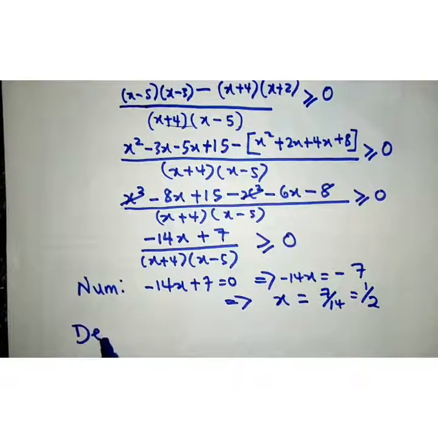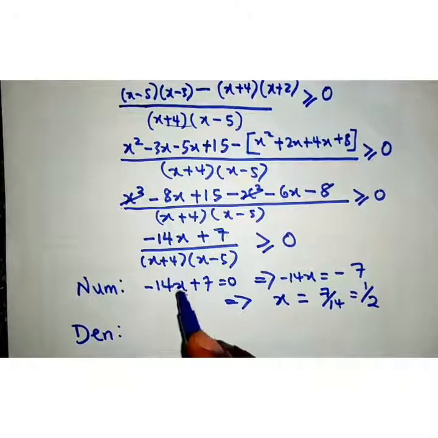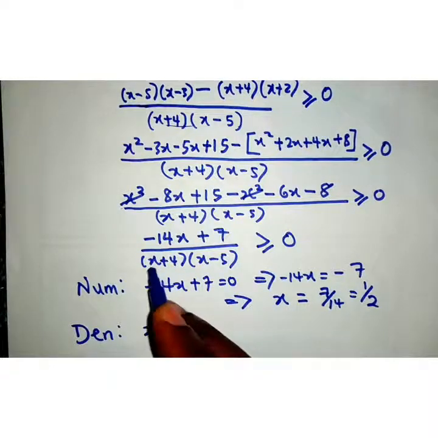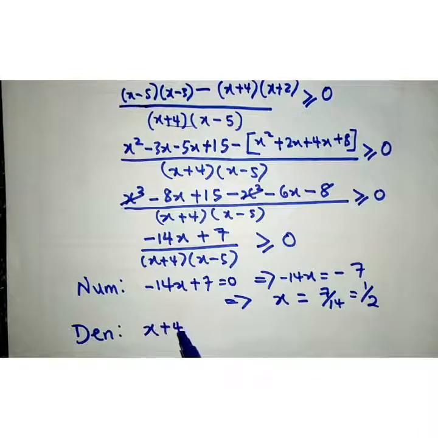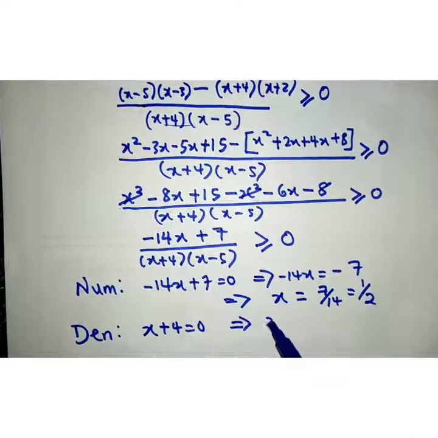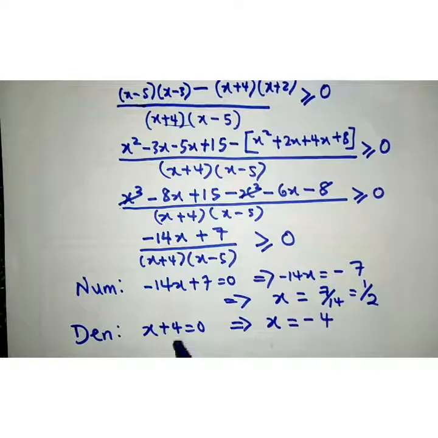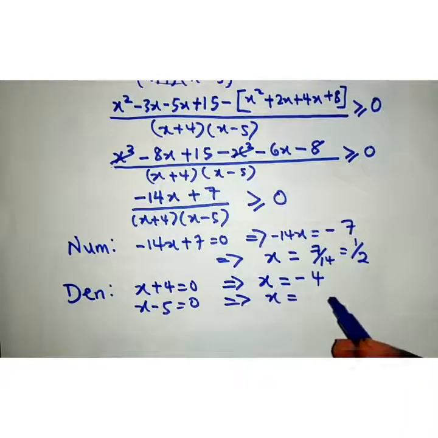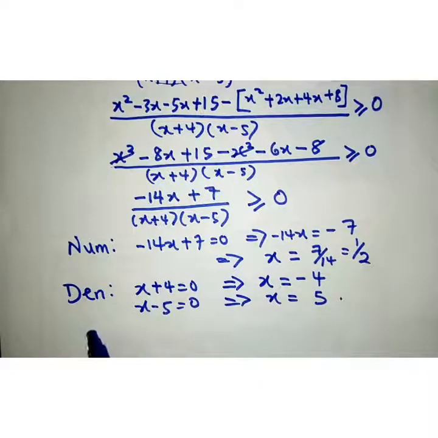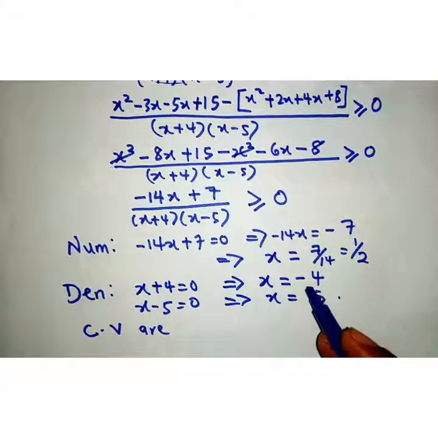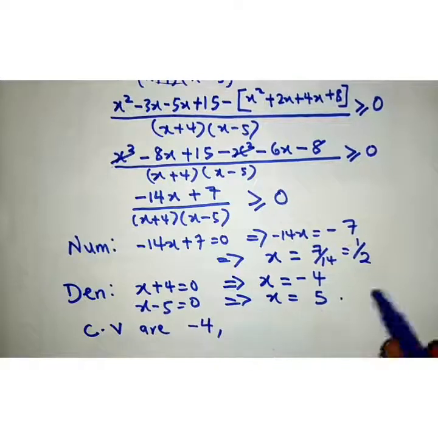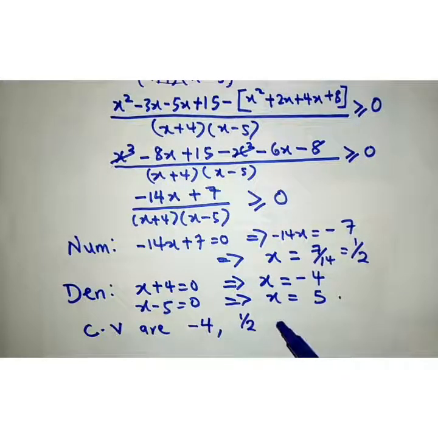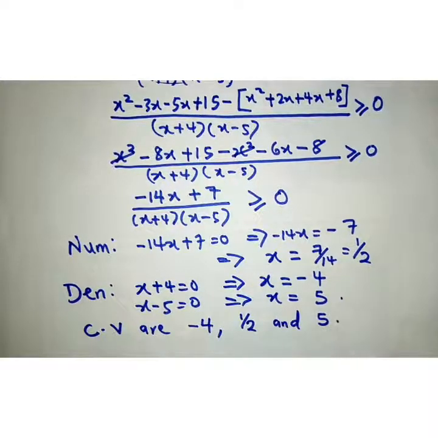For the denominator, if we equate the first factor to 0, x plus 4 equals 0, so x equals minus 4. And x minus 5 equals 0 implies that x equals 5. So our critical values, arranged from the smallest, are minus 4, 1 over 2, and 5.